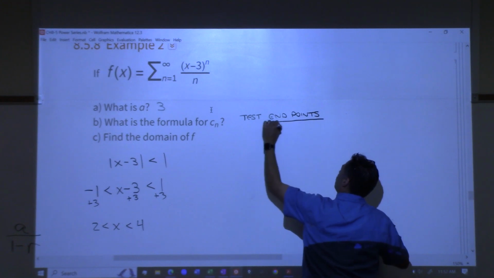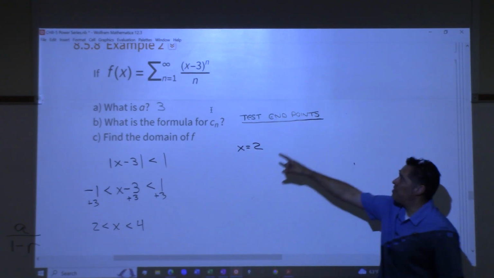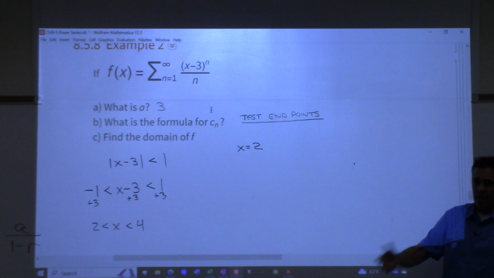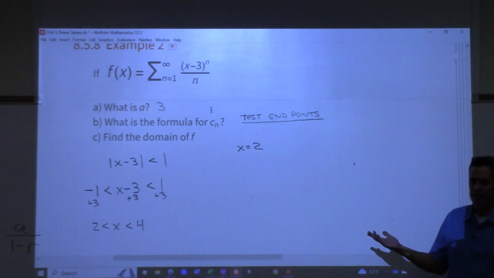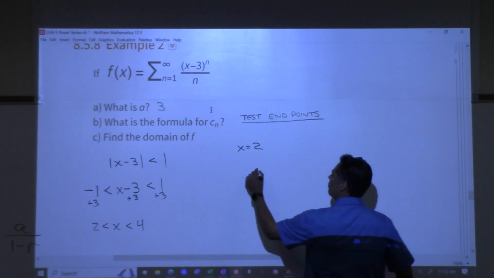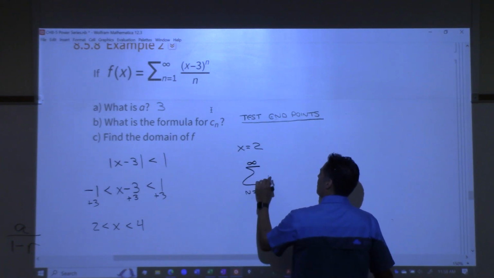All right, let's start with the left endpoint, x is equal to 2. I want to know what happens to that series when x is 2, right? Now, I don't want to run a ratio test because I know what would happen. The ratio test would give me 1, and then I would have a failed test, right? So why don't I just do this? Let me rewrite what's up there, and let me replace x with 2.